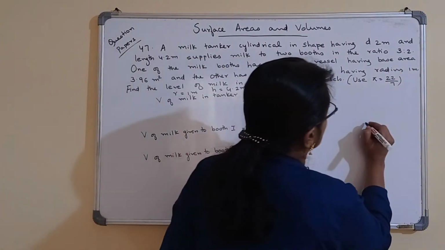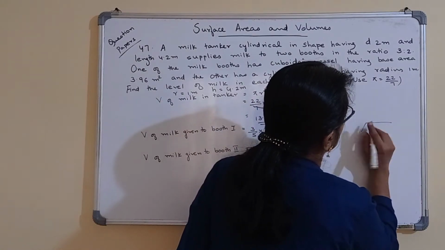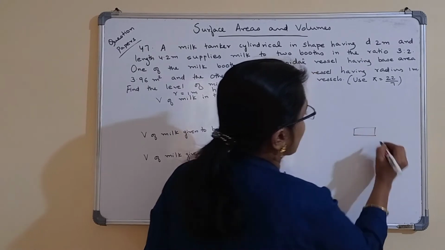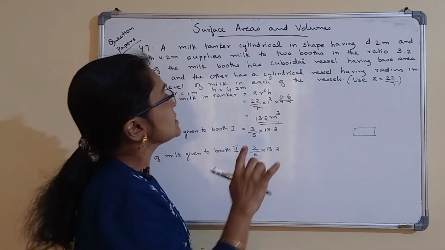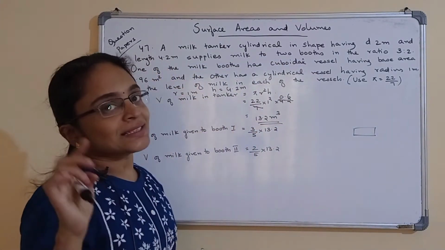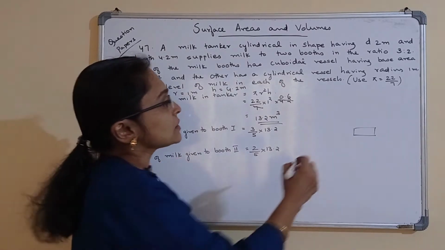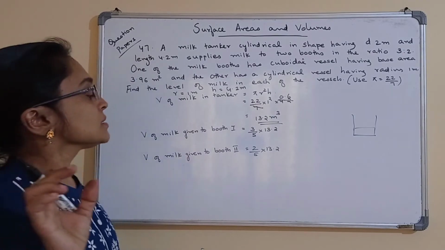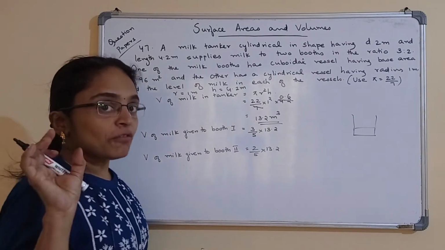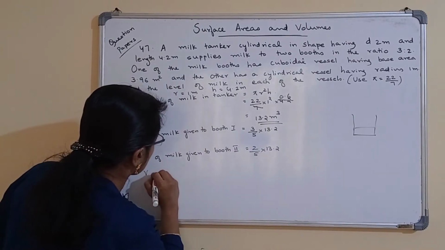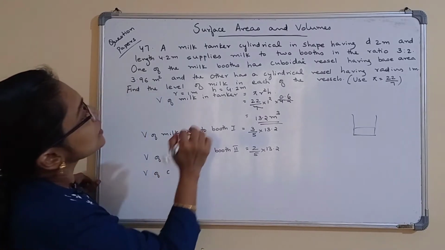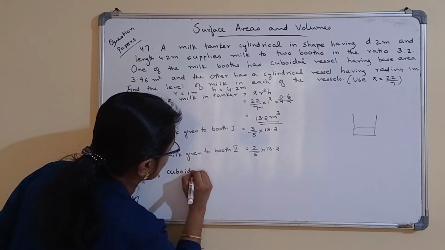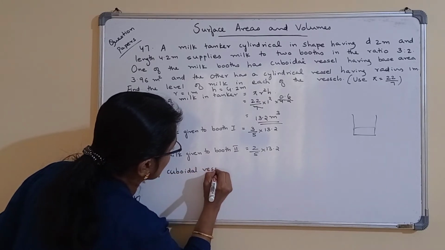Base of the cuboid will be like a rectangle, right? Base will be like a rectangle and its area is 3.96. Okay, but this height will be there for the cuboid. So volume of this cuboidal vessel, that is, it is for booth 1, right?